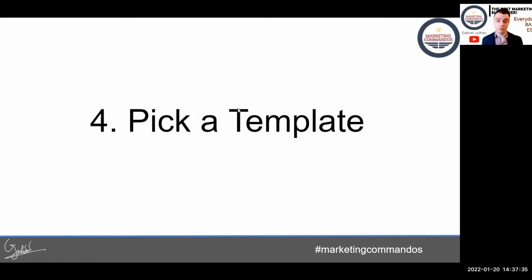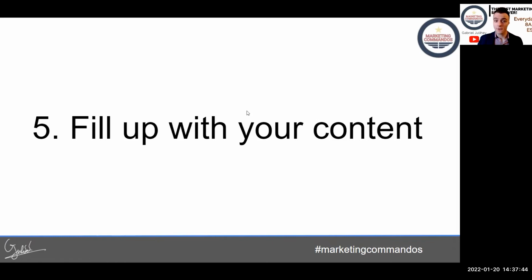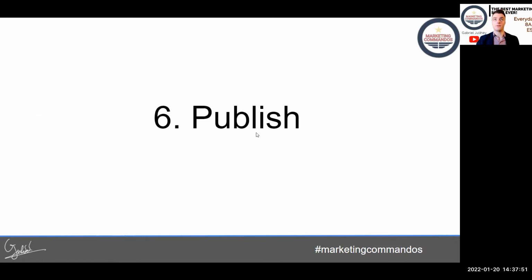You pick those templates because they are simple and proven to work. Then you fill it up with your content. Simple as that. You change the video, you change the text, and when you are done, you publish it.